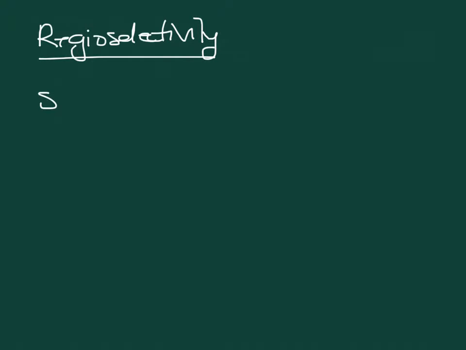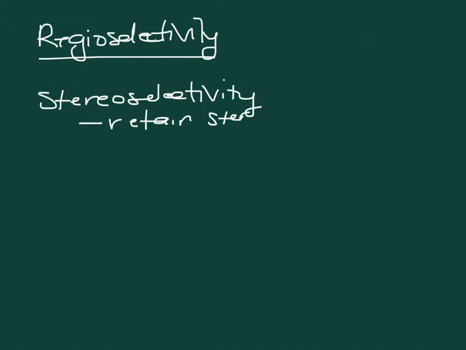Now, when we have substituents, we can also affect the regioselectivity. So if you recall from our stereoselectivity discussion, we're going to retain stereochemistry, and we are going to favor the endo conformation.